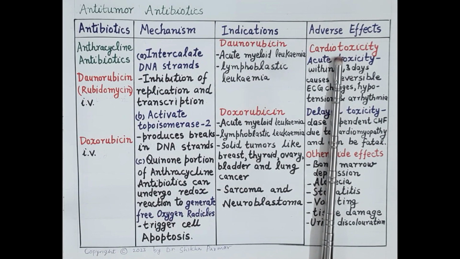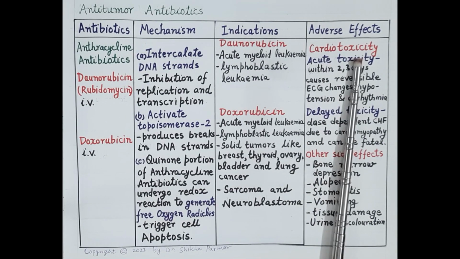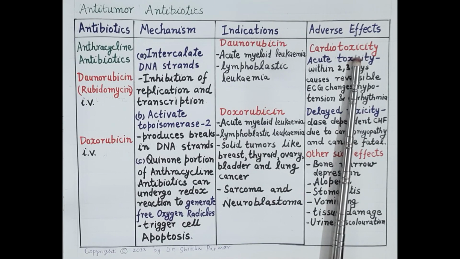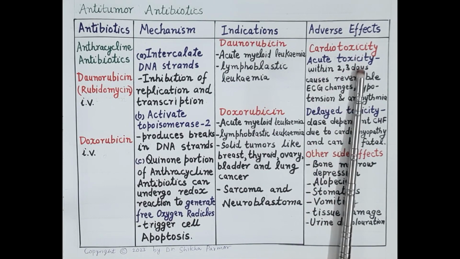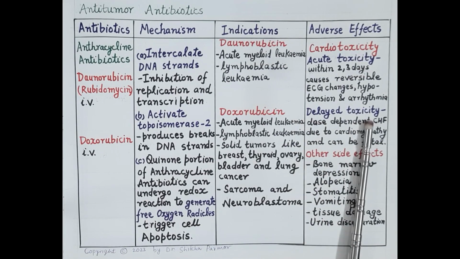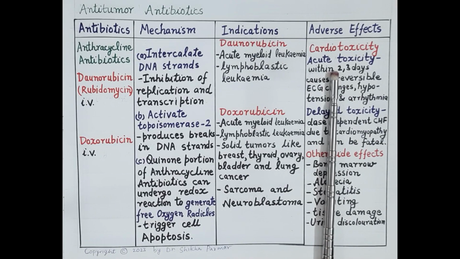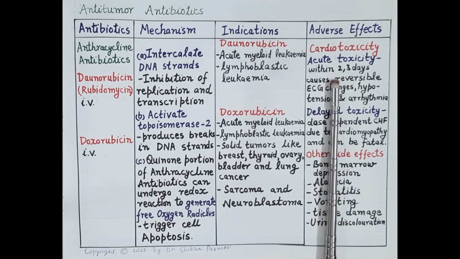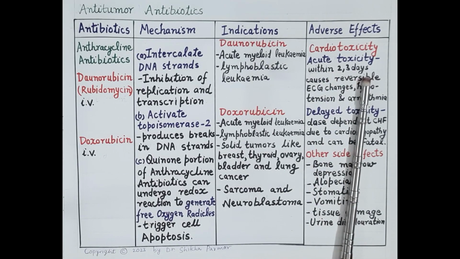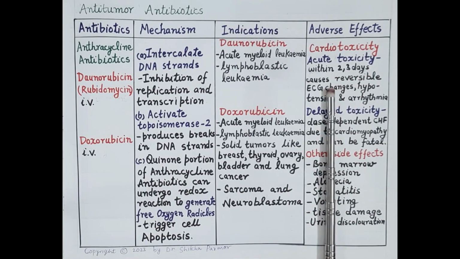Now, anthracycline antibiotics produce cardiotoxicity. Now, daunorubicin and doxorubicin cause acute toxicity as well as delayed cardiotoxicity. Now, acute cardiotoxicity is exerted within 2 to 3 days after the administration of drug, and this acute toxicity causes changes in the ECG.